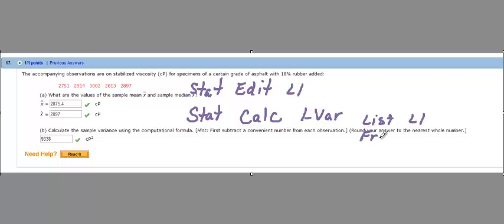My frequency, I need to be sure, is blank because I don't have a frequency list on this. If there was something in there, I would delete that out, and then I would hit calculate.